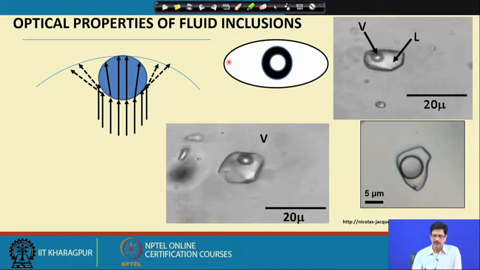It could be at a corner or at the center, sometimes executing pseudo-Brownian movement, and the dark rim around the bright central part of the vapor bubble is explainable the way we saw. So, these are the aqueous biphase inclusions.